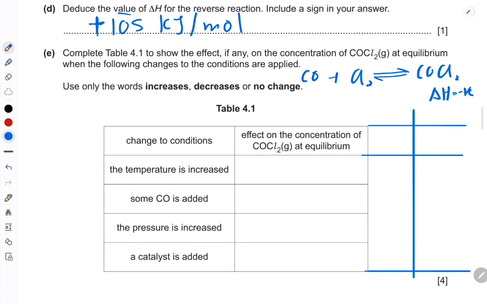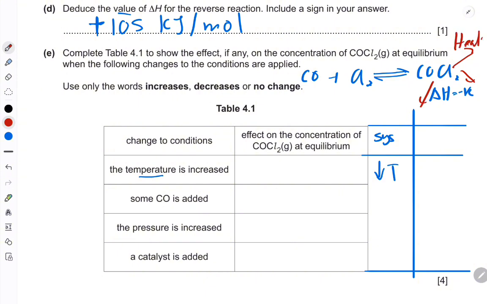Okay, now when the temperature is increased, what will the system try to do? It will try and do exactly the opposite. It will try to decrease the temperature. Now, since the forward reaction releases heat, see, it's giving off heat. That's why it's negative. Heat is given off, and of course, will get hotter.